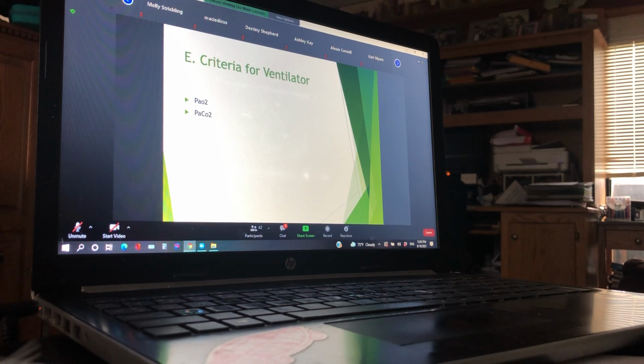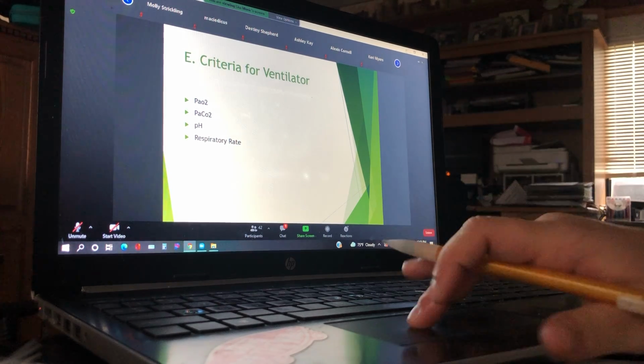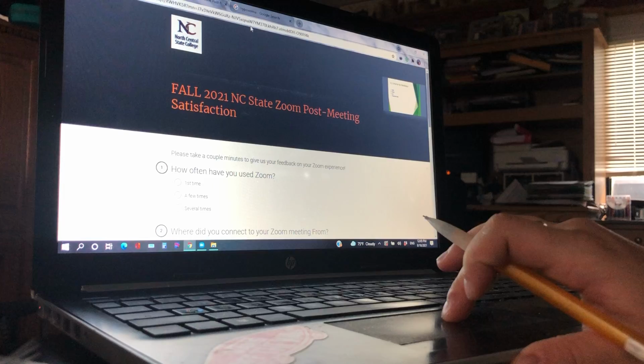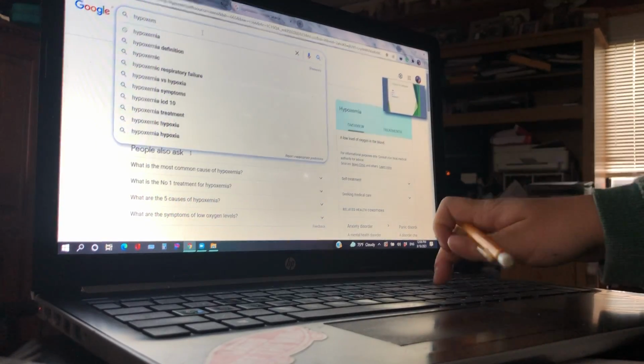Their CO2 levels are greater than 50, their pH is below 7.25, and their respiratory rate is sustained at 35 per minute or higher. So we know when people have blood gases or respiratory rate or a pH of this, they're not going to be able to sustain their own respiratory system for very long. They're going to have some type of artificial support. So those are the criteria that your physicians are looking at.